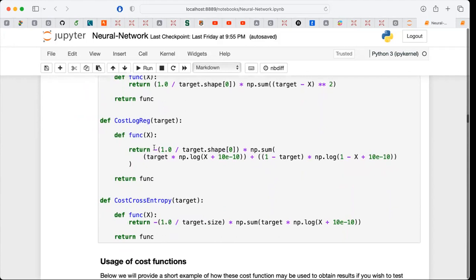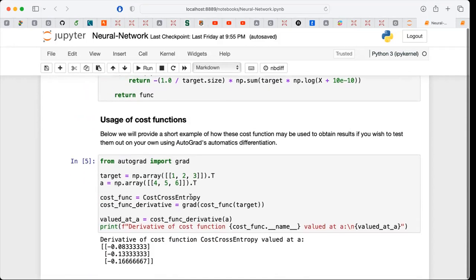You can have a log reg function, you have a cross entropy, and you can add many, many different other types of cost functions. And I would recommend here that you use AutoGrad, which is a very useful package, because that allows you to calculate the derivatives easily.